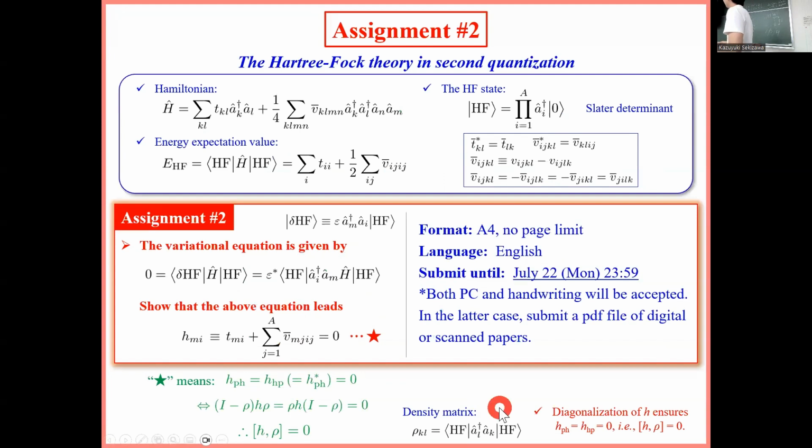This is the end of my lecture, and I will inform you via T2 Scola, but this is assignment two. Starting with this definition of the Hamiltonian and the Hartree-Fock state, you can try to derive the Hartree-Fock condition, which provides you this well-known Hartree-Fock condition.